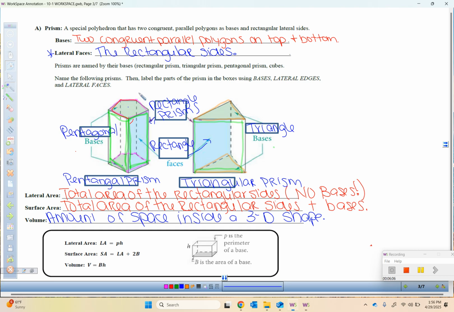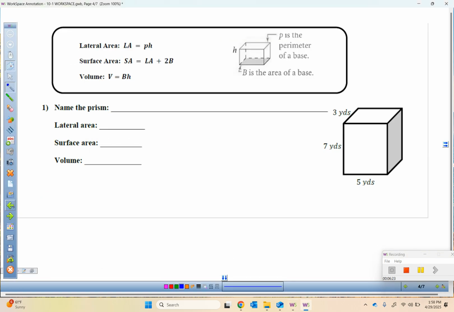So we have lateral area, it's like the area of the rectangles, surface area, add in the bases. Volume is the space of the inside of it. Okay, now we're getting into the formula. Right here we have three formulas, and they are on your formula card. Lateral area, surface area, and volume.